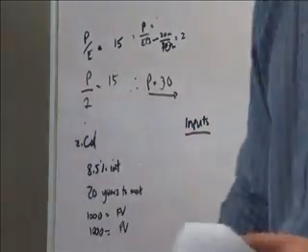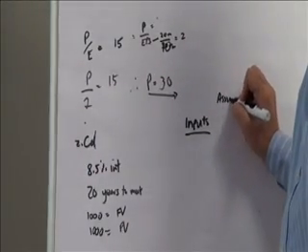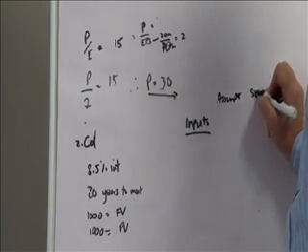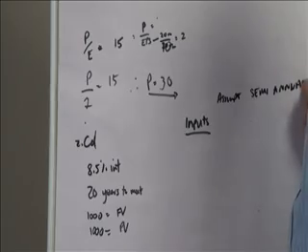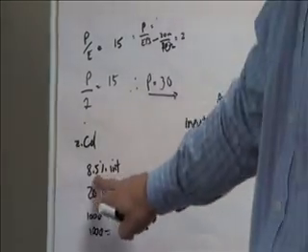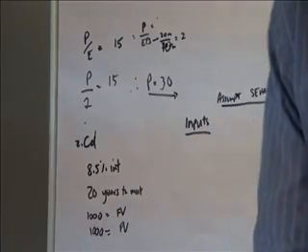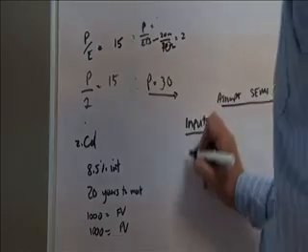Okay, so 8.5. What I've made the assumption is semi-annual payments. Therefore, the 8.5% times my 1,000 is 85, divided by 2 is 42.5.